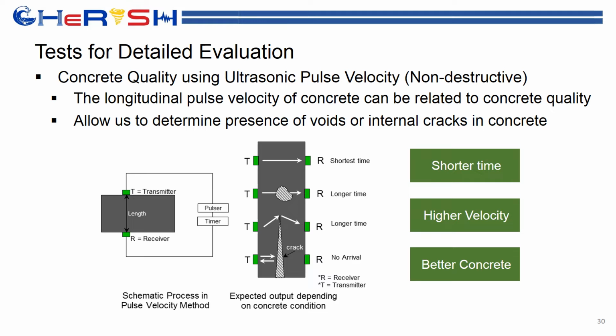Because the pulse velocity for concrete is generally constant, regardless of strength. So if the pulse velocity is constant, then we can use that information to compare it with the actual velocity measured on site, because from that measured velocity, we can then classify if the concrete has some internal cracks or voids, something like that. And it also allows us to determine the quality of concrete.